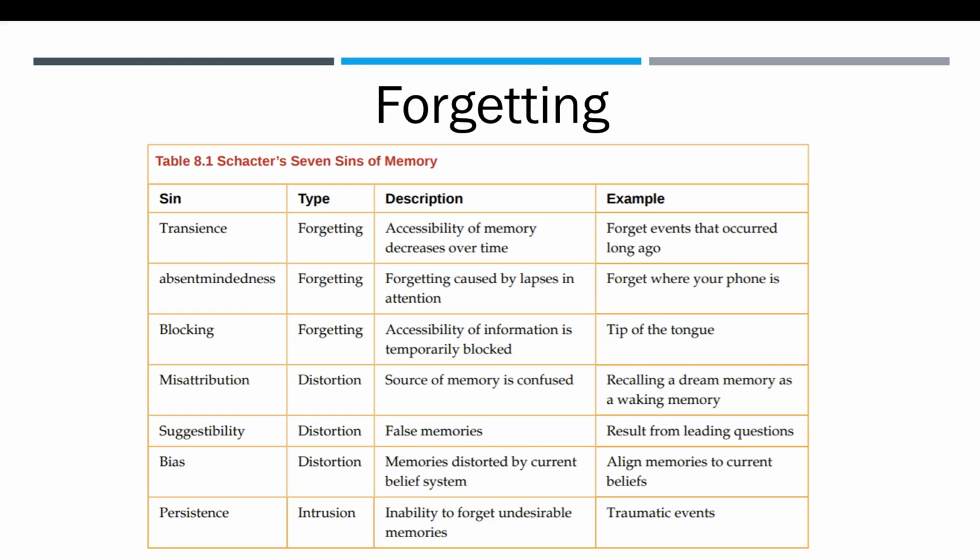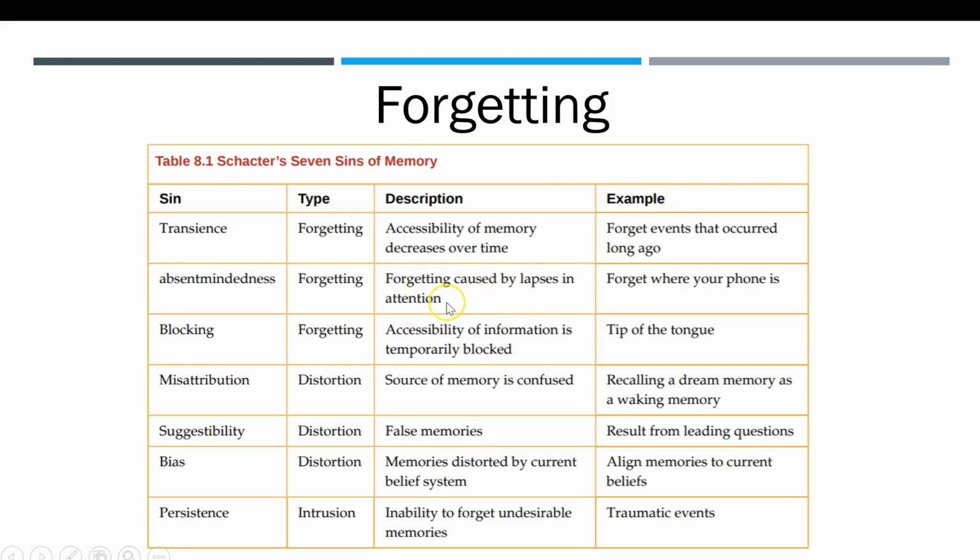And then here's a list of some other memory failures. For example, there could be transience, which is a type of forgetting where the accessibility of memory decreases over time. For example, this might be forgetting events that occurred a long time ago. There can be absent-mindedness, which is forgetting caused by lapses in your attention.